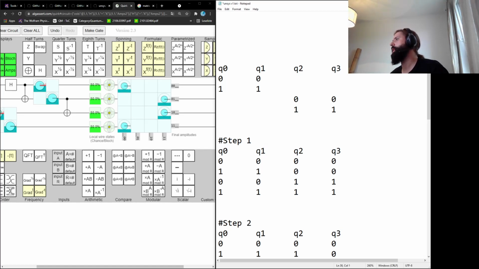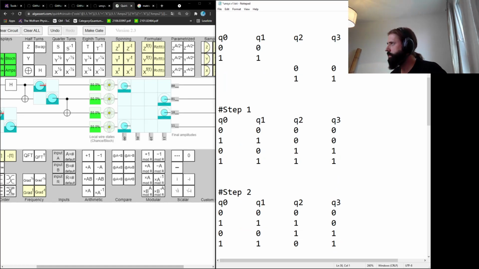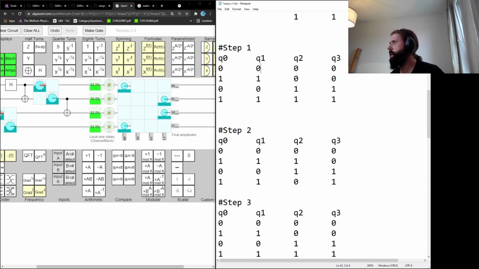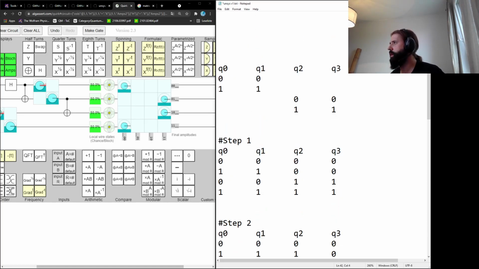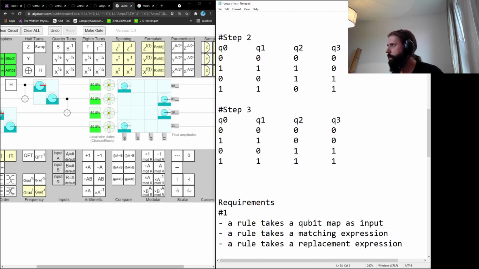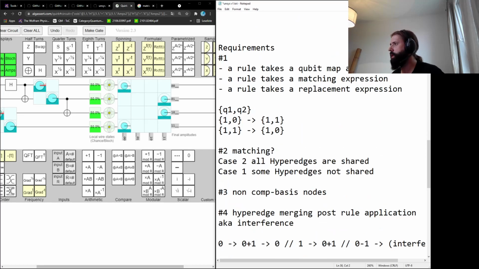So I will say, look, for the combinations 1, 0, and 1, 1, right?